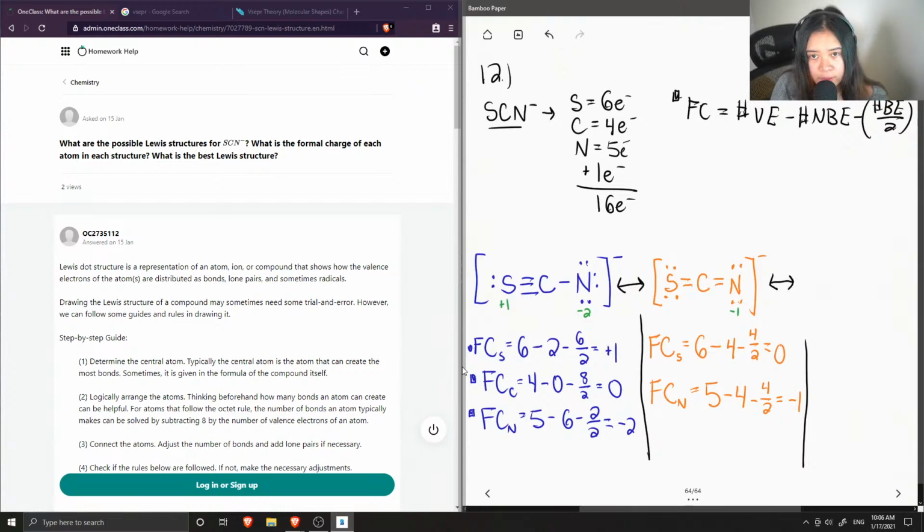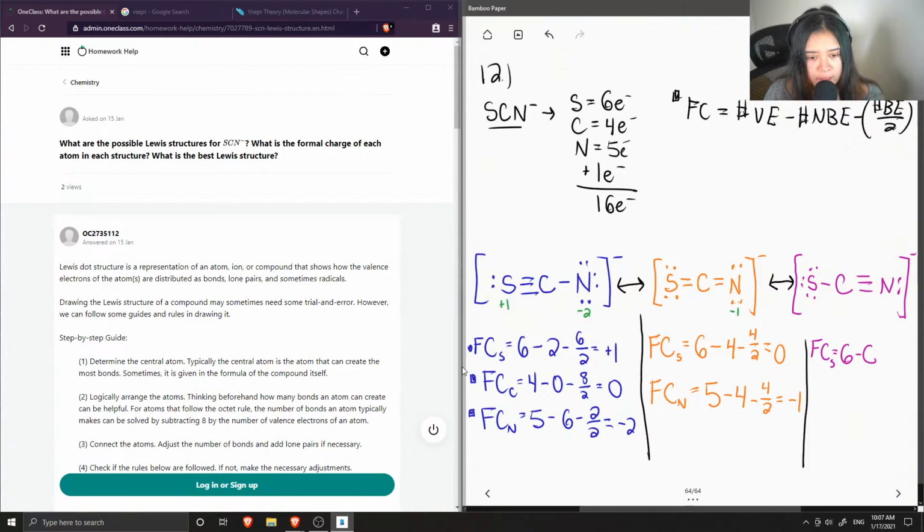So now let's try to fit in a last resonance structure. And let's see what happens if the sulfur is now single bonded to the carbon and the nitrogen is triple bonded. The sulfur has 6 valence electrons.